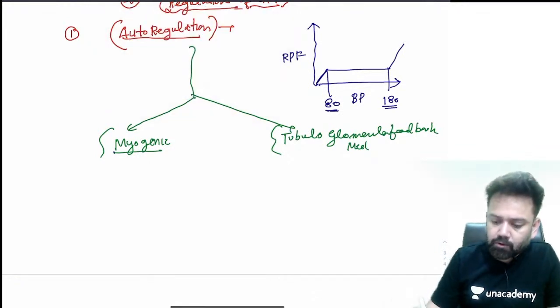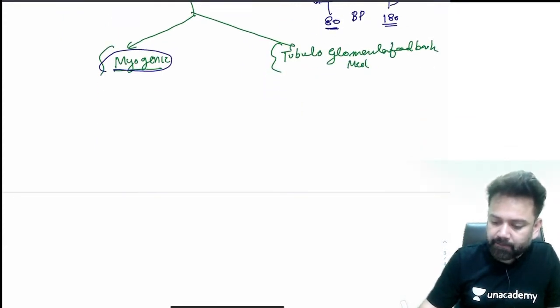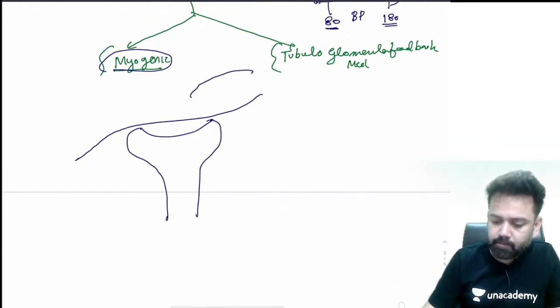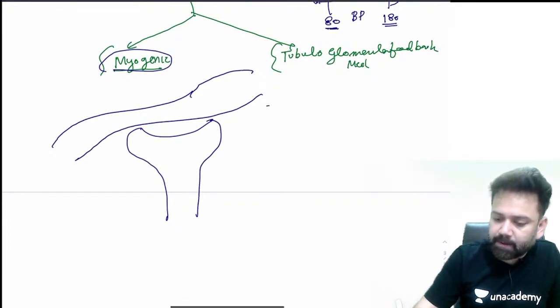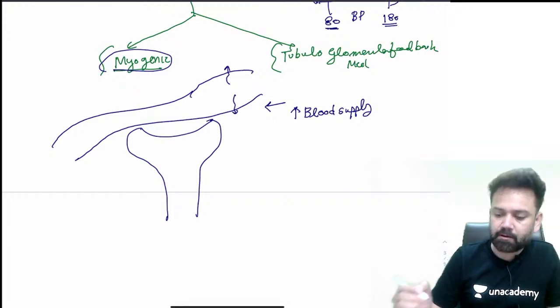So what is myogenic? Muscle induced. For example, if this is your glomerulus, whenever there is an increase in blood supply, there will be an increase in the stretch. Yes or no?